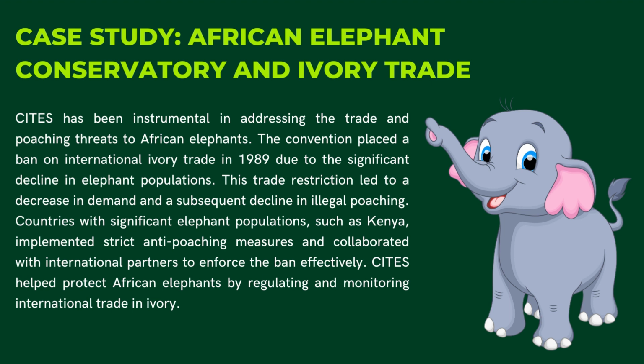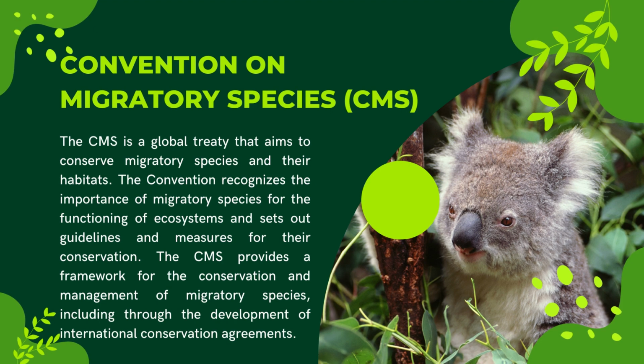Following that, we have the Convention on Migratory Species, also known as the CMS. The CMS is a global treaty that aims to conserve migratory species and their habitats. The convention recognizes the importance of migratory species for the functioning of ecosystems and sets out guidelines and measures for their conservation.